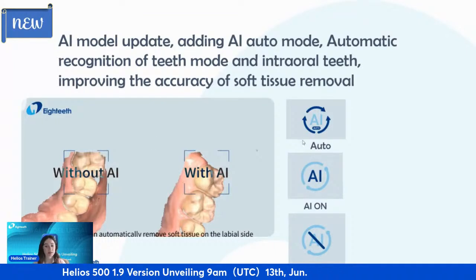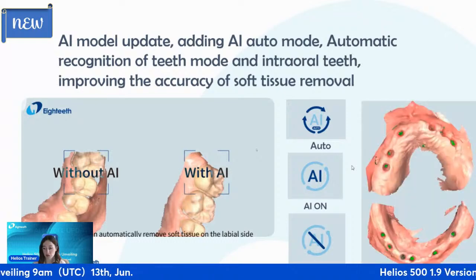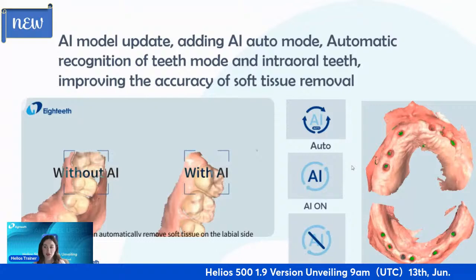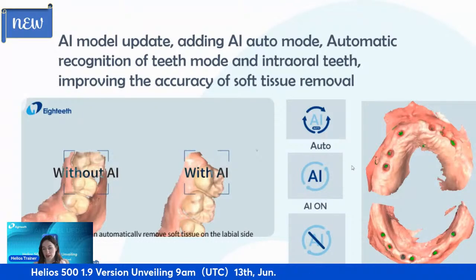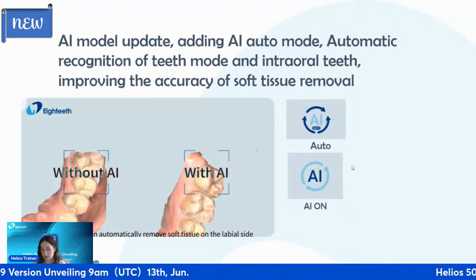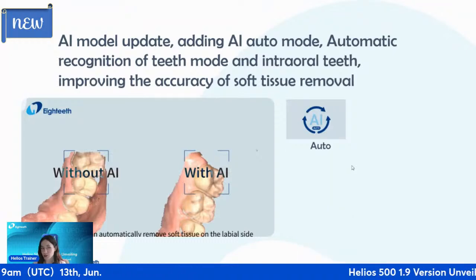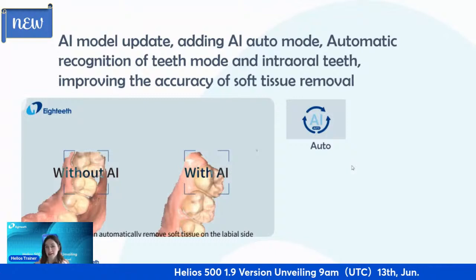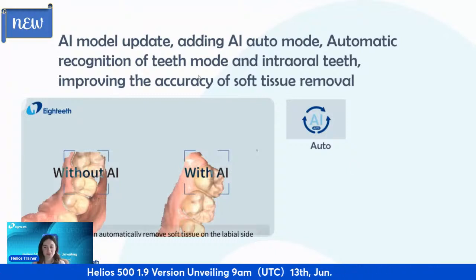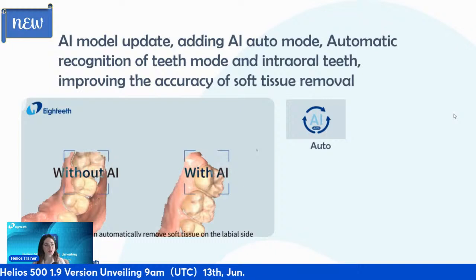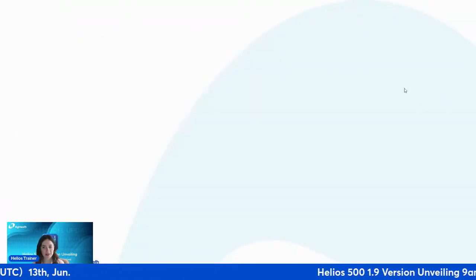If you want to scan soft tissues, sometimes we ask you to turn artificial intelligence off so that you can easily capture soft tissues without removing them. But we already made an automatic option which automatically recognizes teeth and soft tissues. So soft tissue removal has been improved.